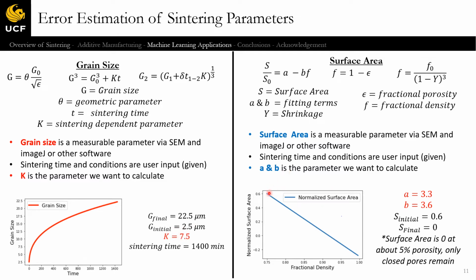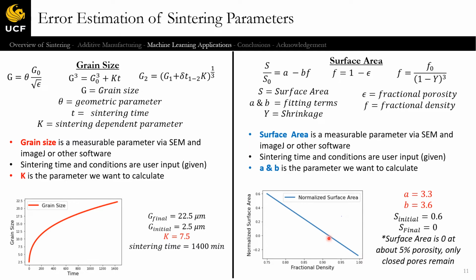And here we can see the normalized surface area, which is current surface area divided by initial surface area, and we can watch as that goes down. It has two fitting parameters, A and B, which were experimentally determined to be about 3.3 and 3.6. The initial surface area is 0.6, and it actually goes to 0.